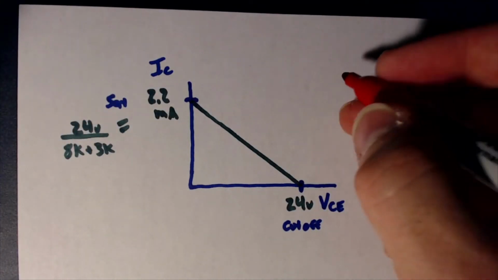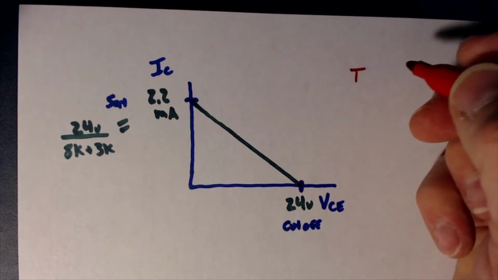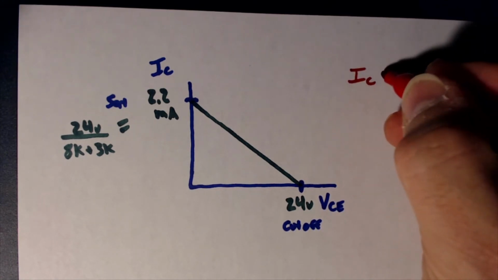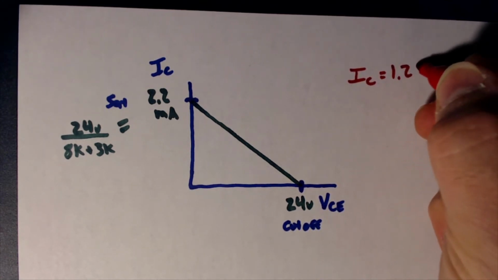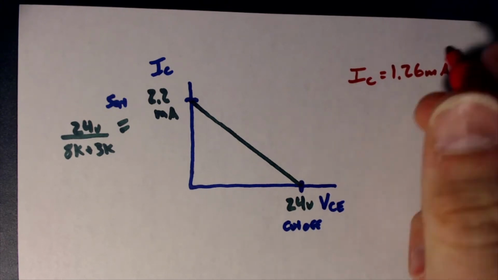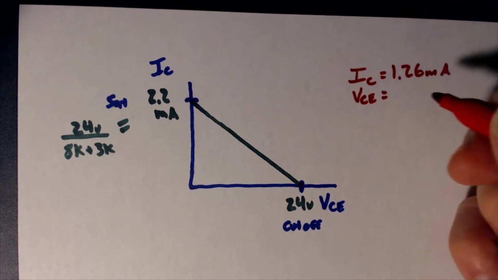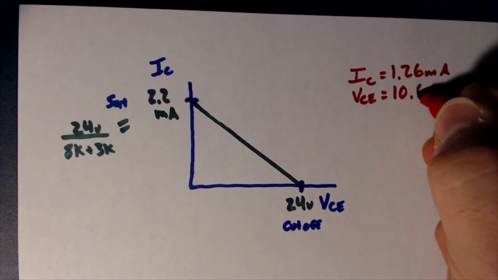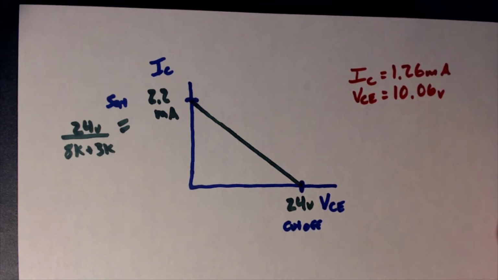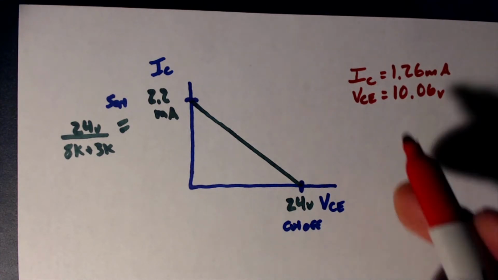Okay, I'll write those off on the side here. IC equals 1.26 milliamps, and VCE equals 10.06 volts. Okay, we'll check that out.